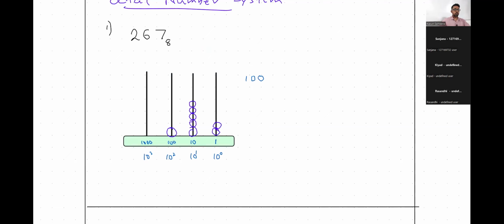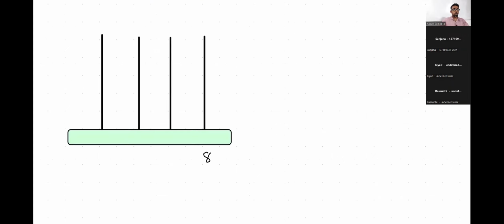Instead of 10 to the powers, what should be the element? Eight to the power, because the base number is 8. 8 to the power 0, 1, 2, which is equal to 1, 8, 64, and so on, whatever the values come here. Okay.